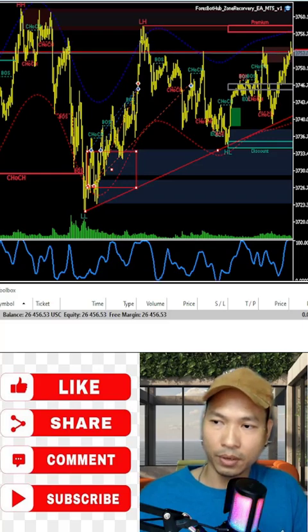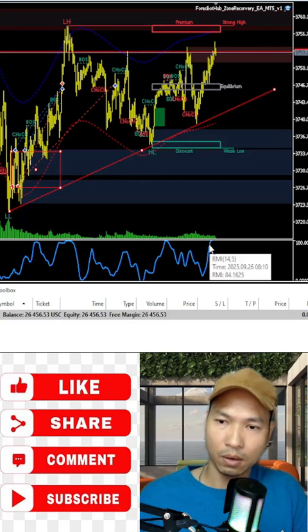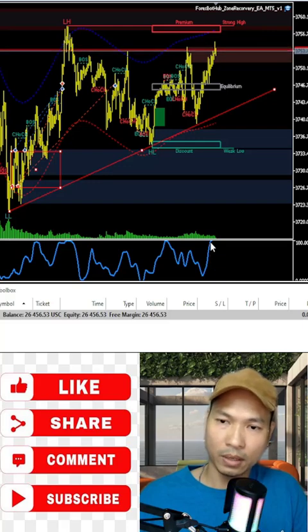For example, right here you can see the RMI indicator in real time. The RMI has already touched level 100. So for my side, it can be time to enter the first trade with a sell position.